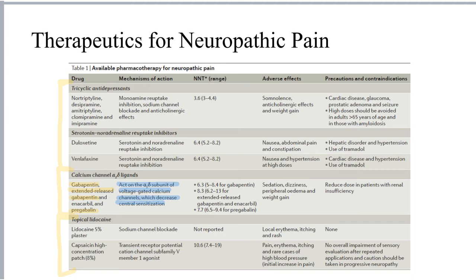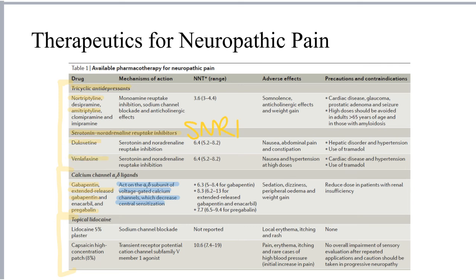Several antidepressant drugs are also useful in the treatment of neuropathic pain. These include several drugs in the tricyclic antidepressant class, such as nortriptyline and amitriptyline, as well as two specific drugs in the serotonin noradrenaline reuptake inhibitor, or SNRI class, duloxetine and venlafaxine.